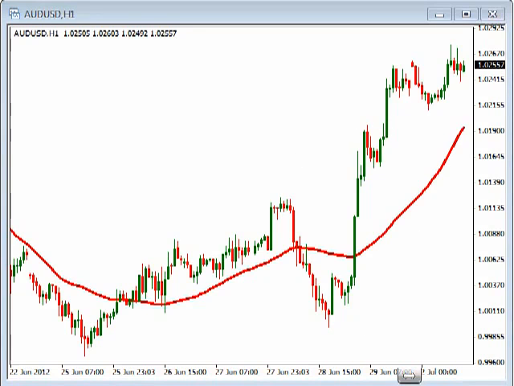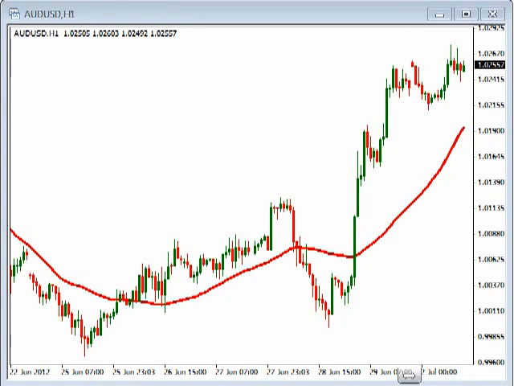Well, we said if the moving average is going up, like it is here, and the price is above it, we're going to consider that an uptrend or a bullish trend. So now we're going to be looking for an opportunity to get into this as the price moves up off of support. What we want to see now is whether or not this is pulling back to support. And right now it really hasn't done that.